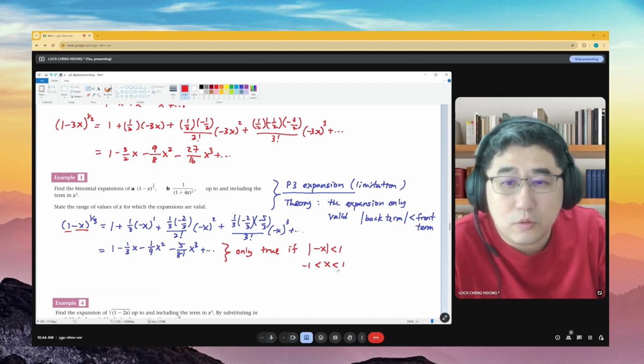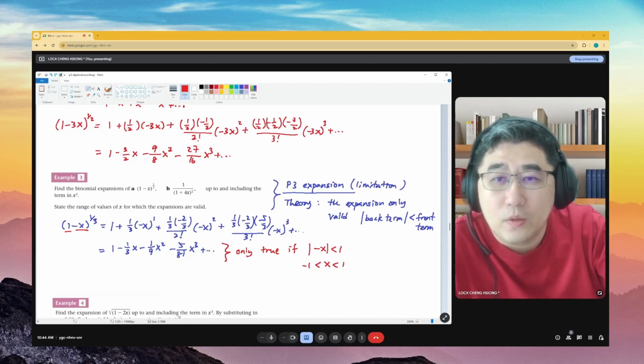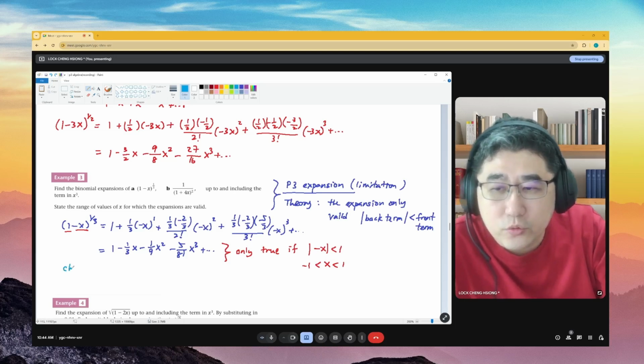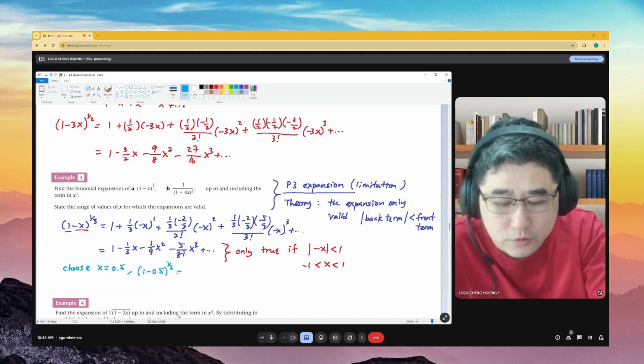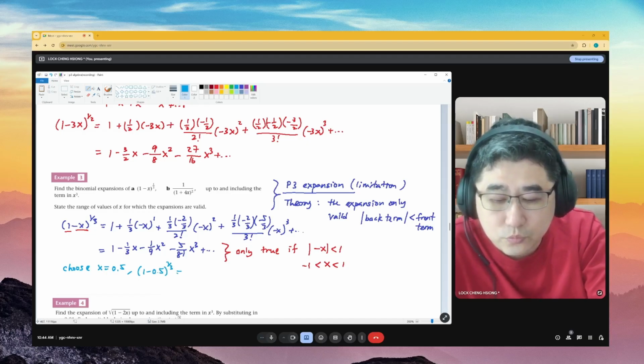How is it so? Let's look at an example. If I choose x to be 0.5, then (1 minus 0.5) power of 1 over 3, I press inside the calculator, cube root of 0.5.